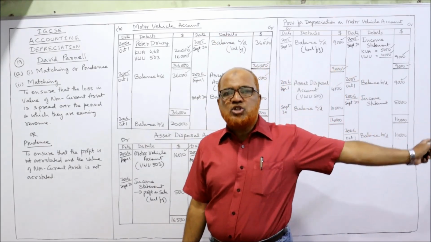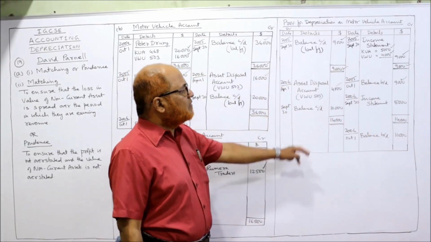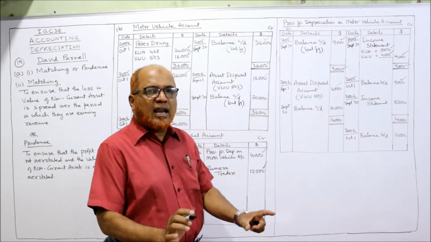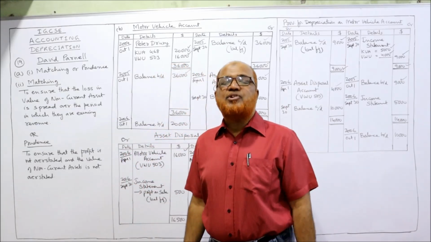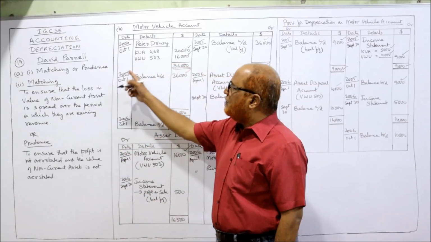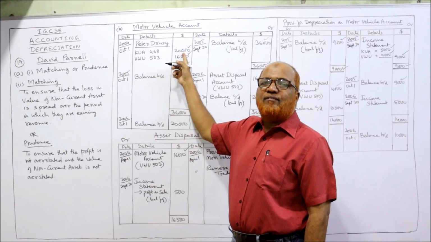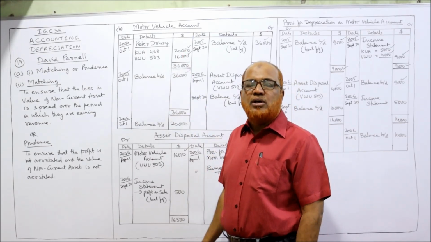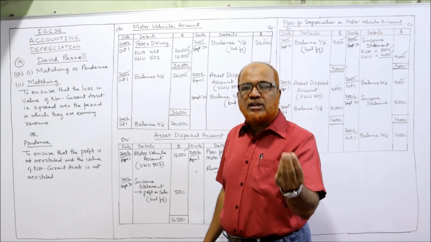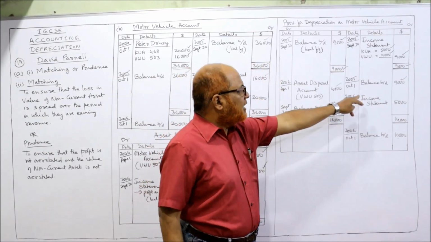Now lastly, provision for depreciation. You can see the current year depreciation we have to provide on the first motor vehicle, straight line method. The first motor vehicle is 20,000. 25% of 20,000 is 5,000. So 5,000 is the depreciation for the current year on the first motor vehicle, transferred to income statement.